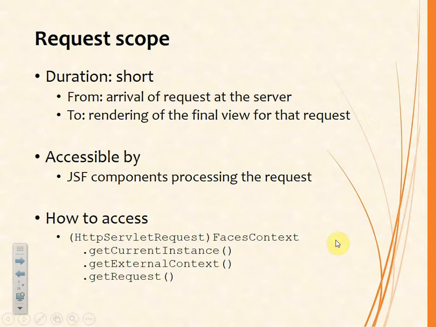And they can get access to it in this way, which is shown here at the bottom of the screen, by calling from the FacesContext class the getCurrentInstance method, from that getExternalContext, and from that getRequest. That will return a reference of type Object. So we must typecast it so that it is of the correct type, which is HttpServletRequest. And then we can access the methods that are within that object.